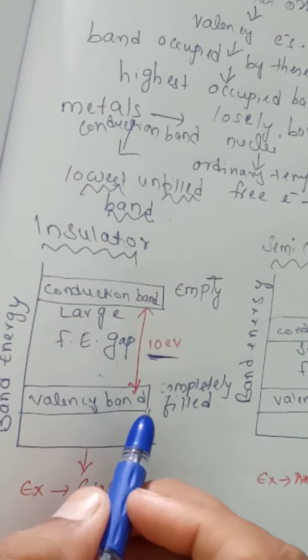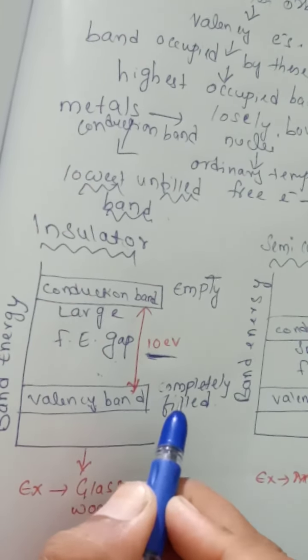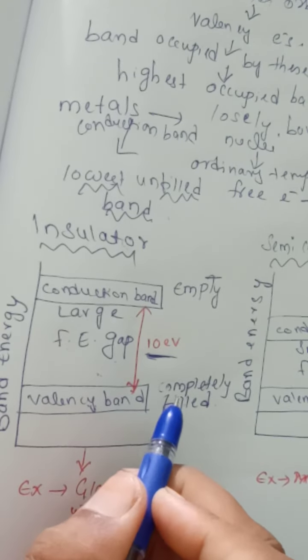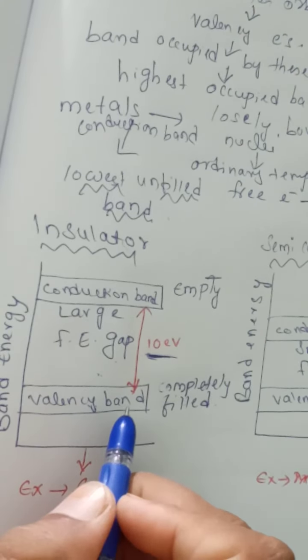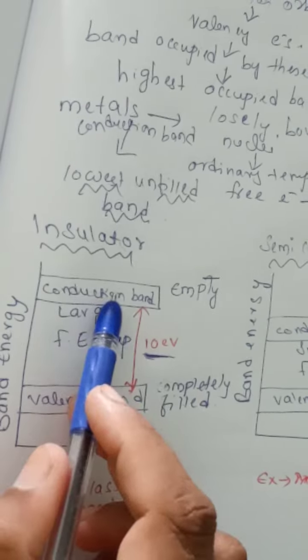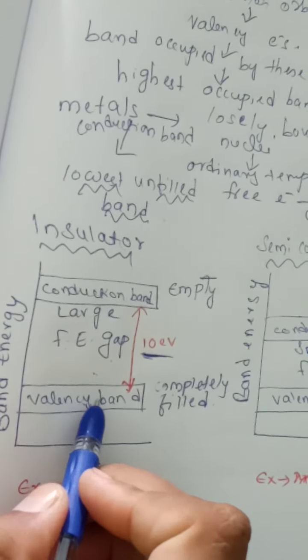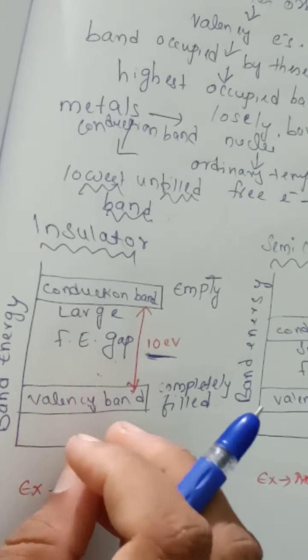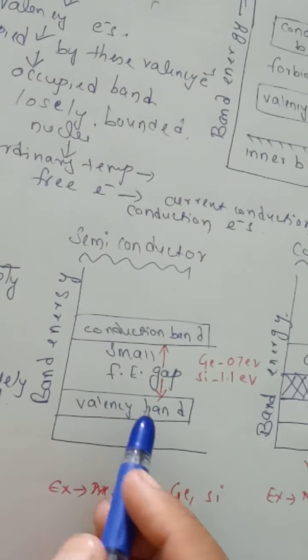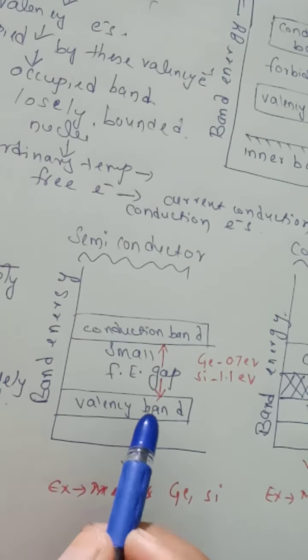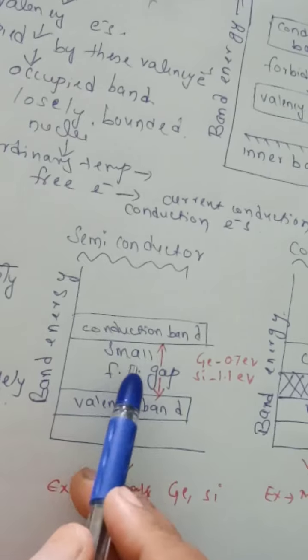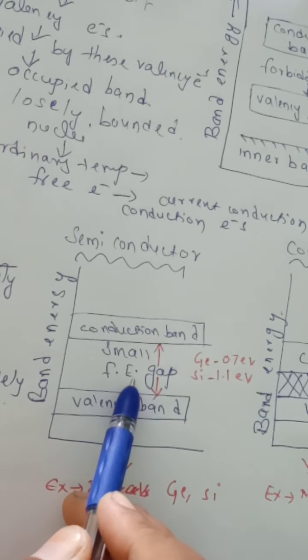But if we go on increasing the temperature, at one particular temperature, a few electrons will jump into the conduction band from valency band. Depending upon this only, we got semiconductors. So semiconductors are those substances which have a small forbidden energy gap.